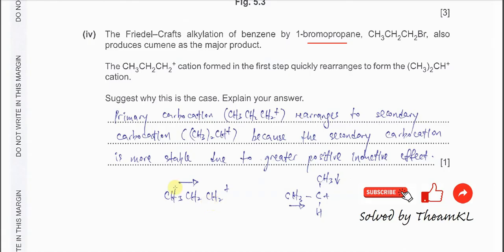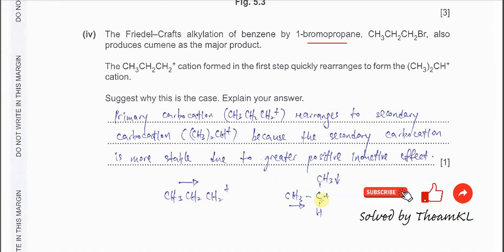For this primary carbocation, CH3CH2CH2, only one alkyl group is bonded to the carbocation, so it is less stable because it has a lesser positive inductive effect.